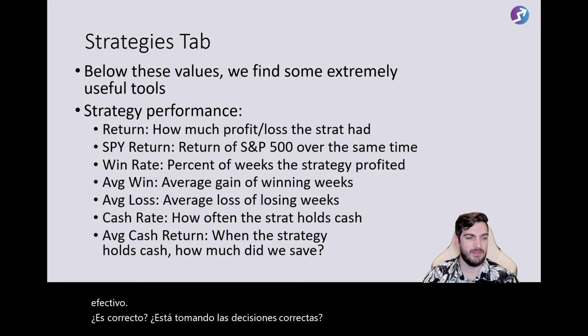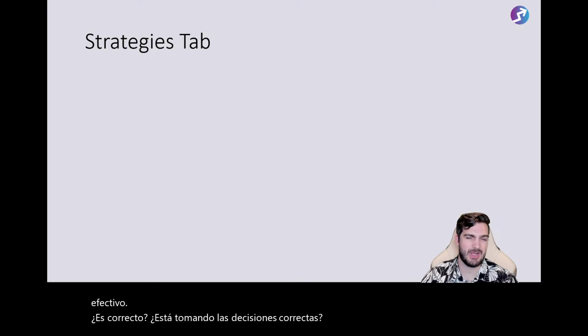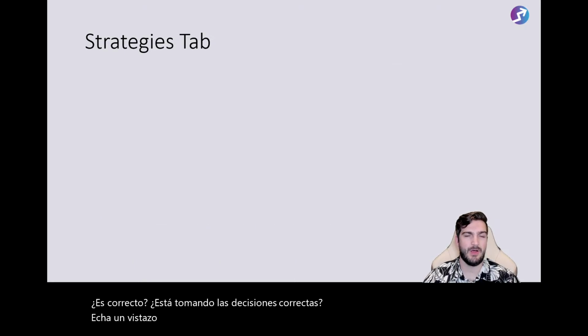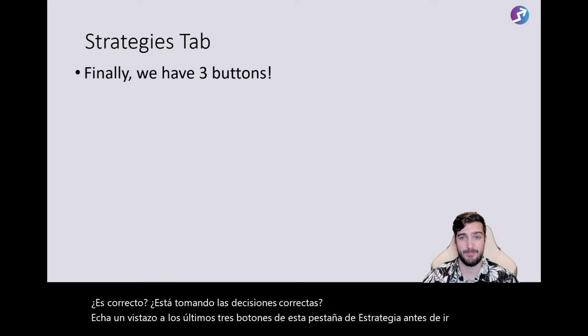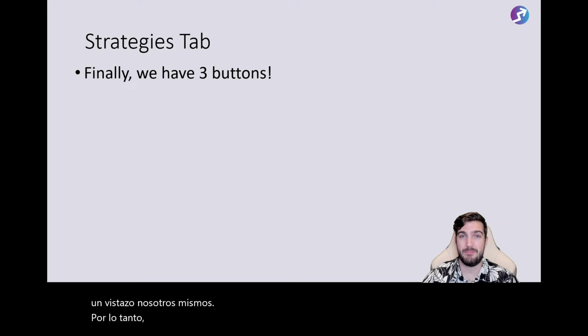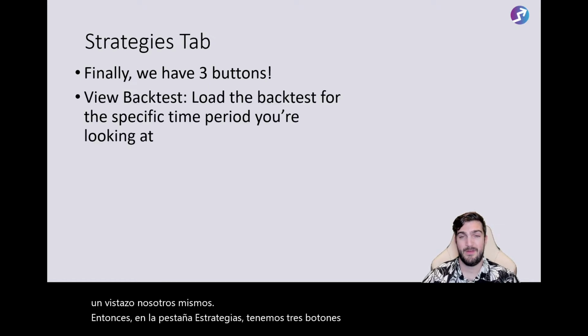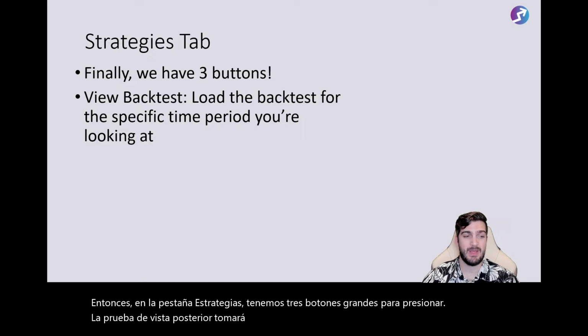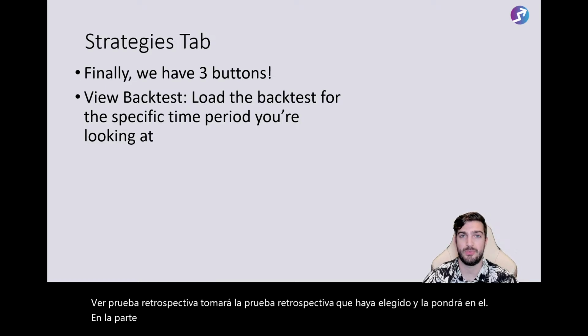So, let's check out the last 3 buttons on this strategy tab before we go and take a look at it ourselves. On the strategies tab, we have 3 big buttons to push. View backtest will take the backtest that you have chosen and put it into the backtesting engine for you to review. We offer different time periods.